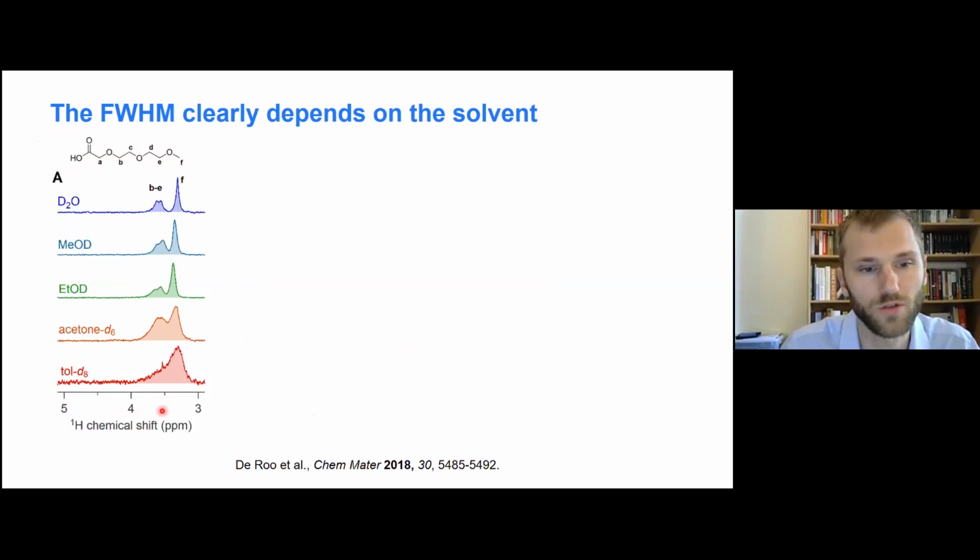So here we show the NMR spectra of hafnium oxide that is capped with this particular molecule in water, methanol, ethanol, acetone, and toluene. And you see that this line width clearly depends on the solvent. So the solvent has something to do with it. Now, some critics might say that the solvent can also influence the homogeneous broadening through its viscosity, and that's correct.